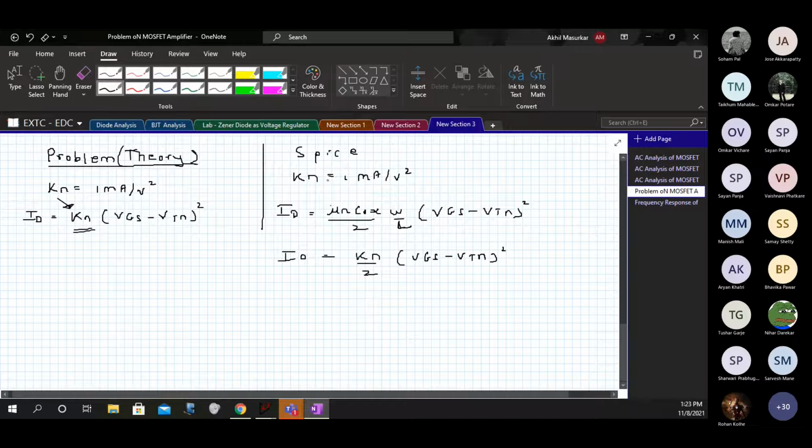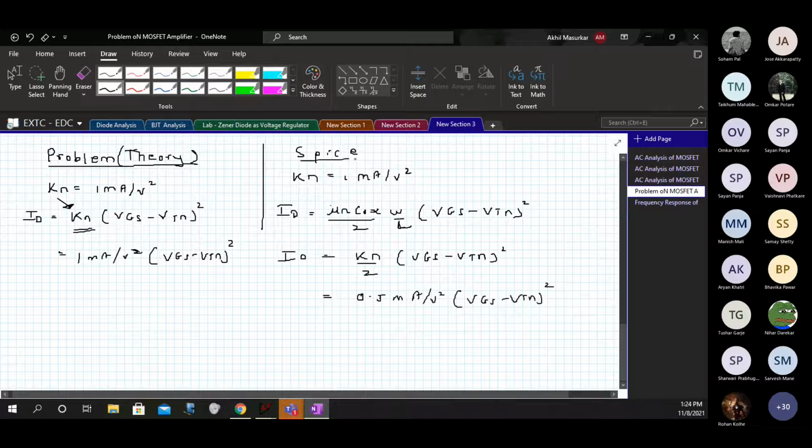But when you actually write Kn equal to 1 milliampere per volt square, what will happen is that it will take this Kn as 1 milliampere per volt square and it will divide it by 2. So actually this will be, here it will be taken as 1 milliampere per volt square into VGS minus VTn the whole square, whereas here it will be taken as 0.5 milliamperes per volt square into VGS minus VTn the whole square.